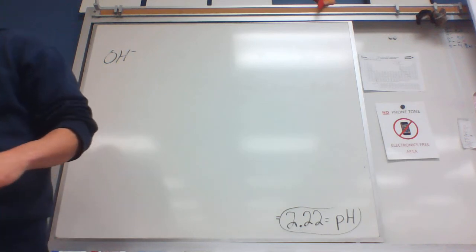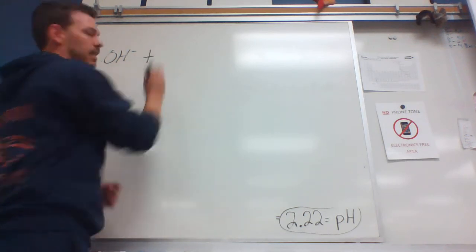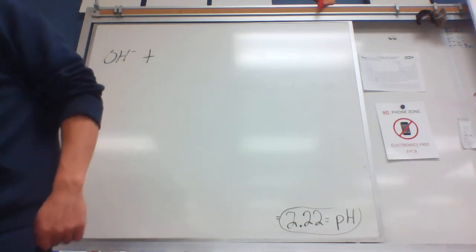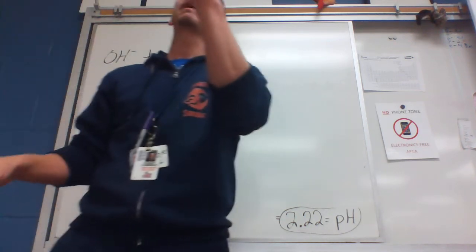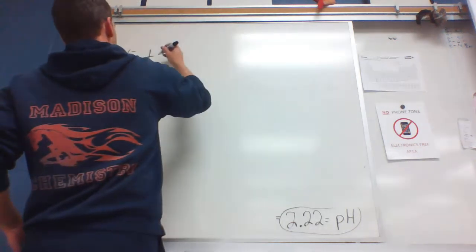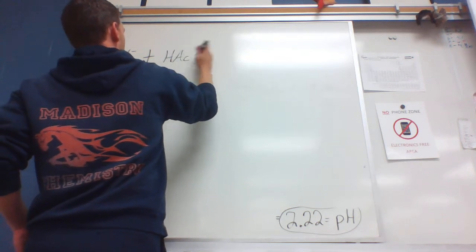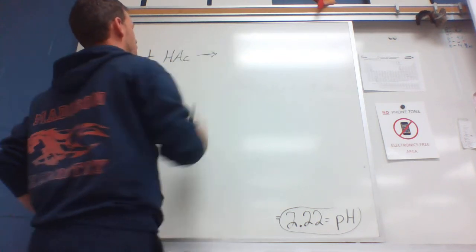Taking a look here, we are adding it to acetic acid, right? Remember, this is back to the first one. If you add this to a buffer, it doesn't interact with everything. It only interacts with the thing that's trying to fix it. So I'm going to be adding this to the HAc with a normal arrow.